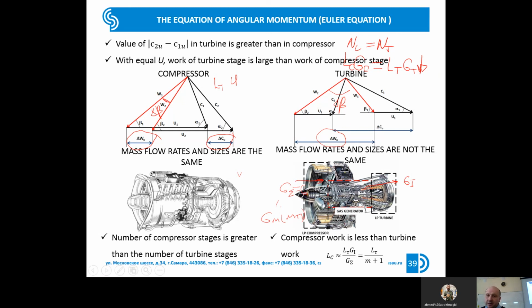So what does it mean? It means that in the fan we have the same power as in the turbine, but we have a huge mass flow rate and small specific work. That's why we could realize it using 1 or 2 stages of the fan. In the turbine, we have small mass flow rate, the same power, and it means that we need to realize huge specific work.